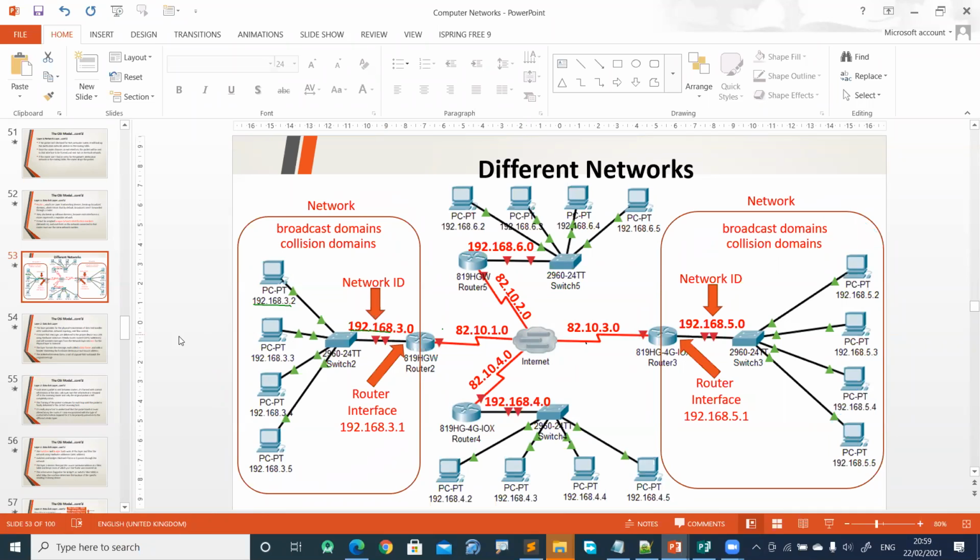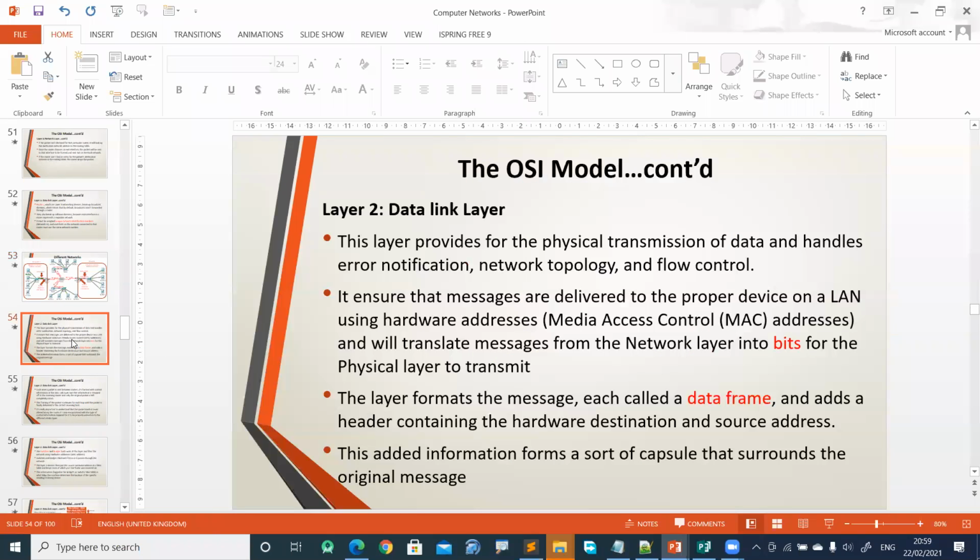Okay, then the next one is layer 2. We are done with layer 3. Now listen, what does layer 2 do particularly?